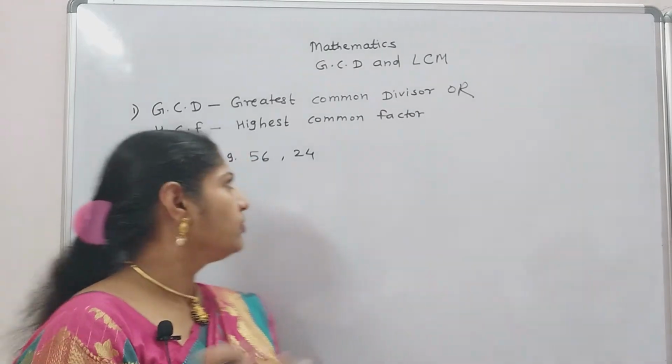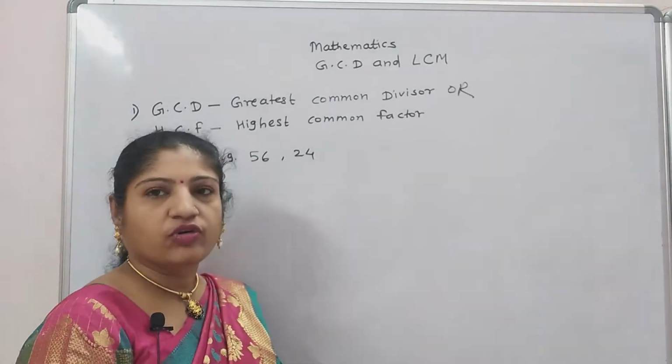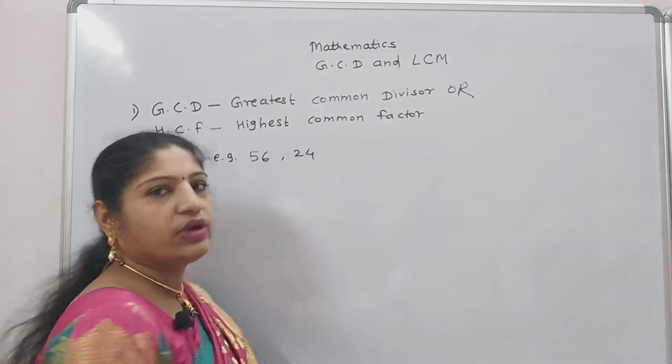One more example, 56 and 24. Find out the GCD of 56 and 24.